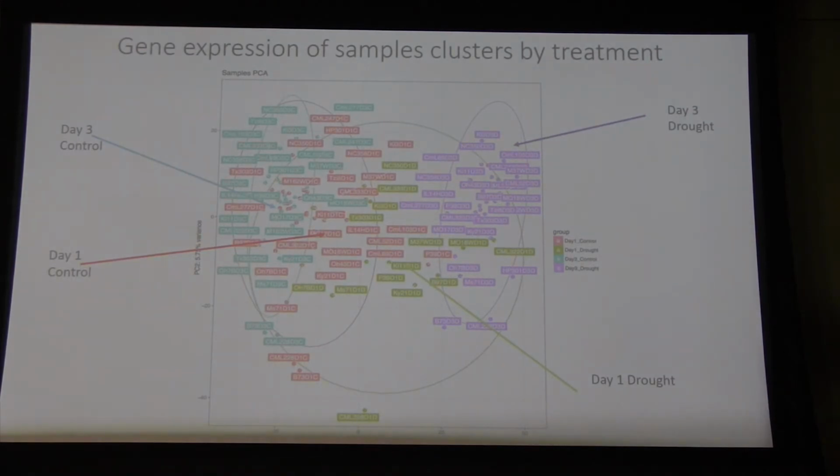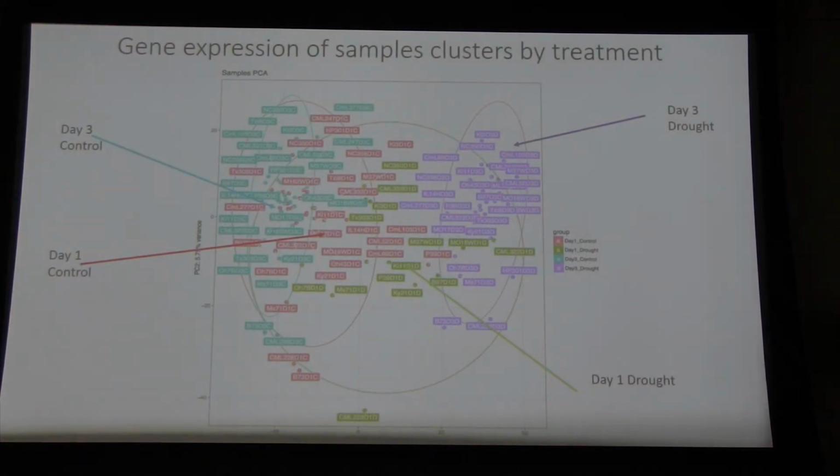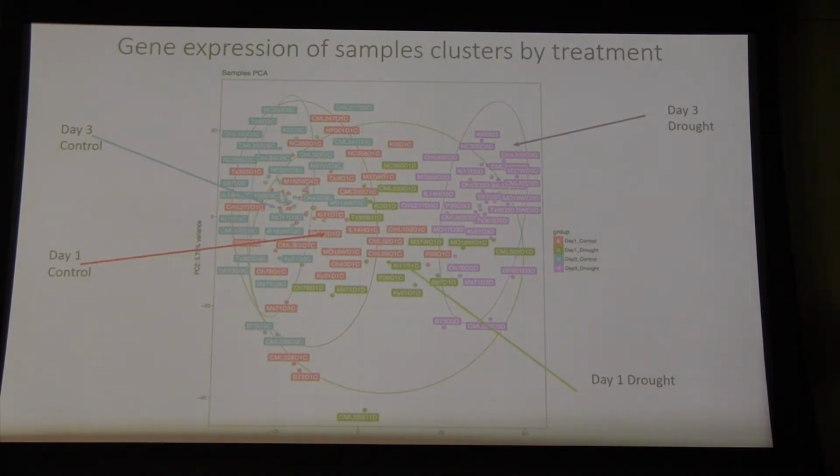This plot is showing a principal component analysis, which is a way of reducing very high dimensional data down into 2 dimensions, so you can put it on a graph and make sense of it. All of the points in purple are the day 3 drought conditions, in green are the day 1 drought conditions, and red and blue are the control samples.